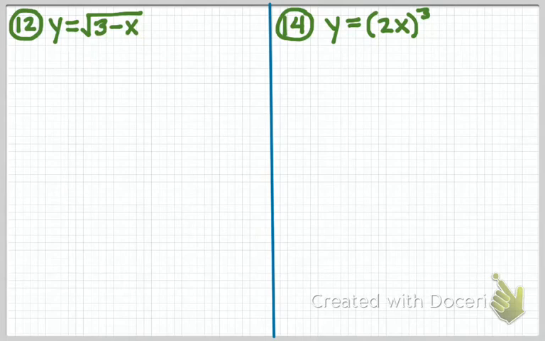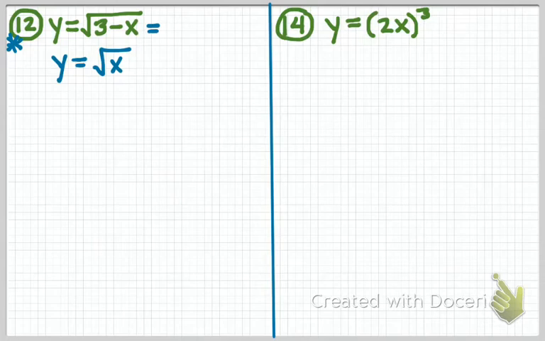On to the next one. Number 12. Again, we see a square root. We know that's what we're going to compare to. Now, this one has a little wrinkle to it that I want to make sure you're clear on. So put a little star on your packet beside number 12 because this one really becomes important. On everything we've done so far, the x has been positive. And as long as the x is positive, you can do exactly what we just did.